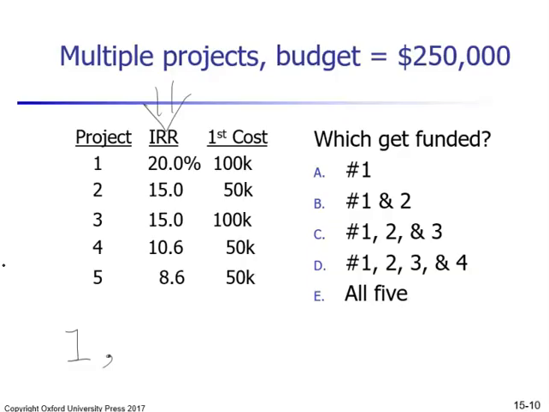How much more money do we have after we get our money invested in 1? We have 150 more. So absolutely we can afford project 2 also, because it only costs us 50K and we have 150 available, and the IRR is the highest.